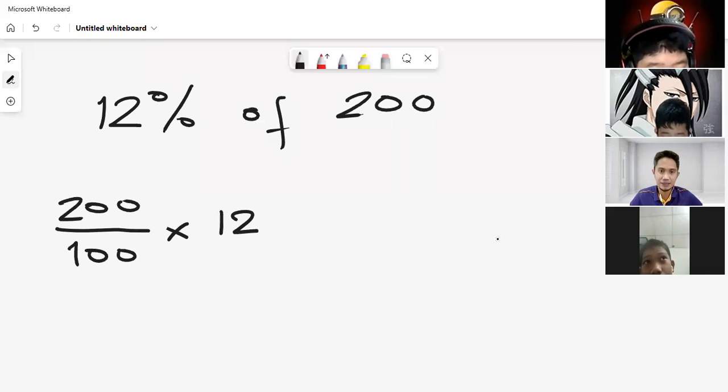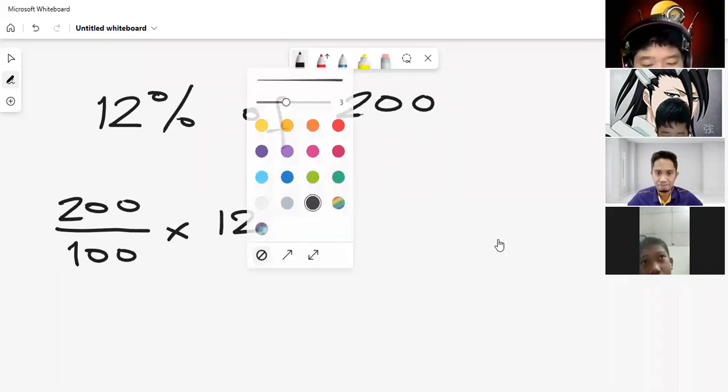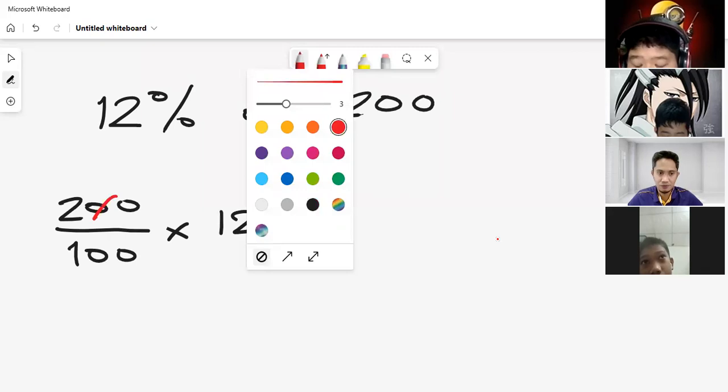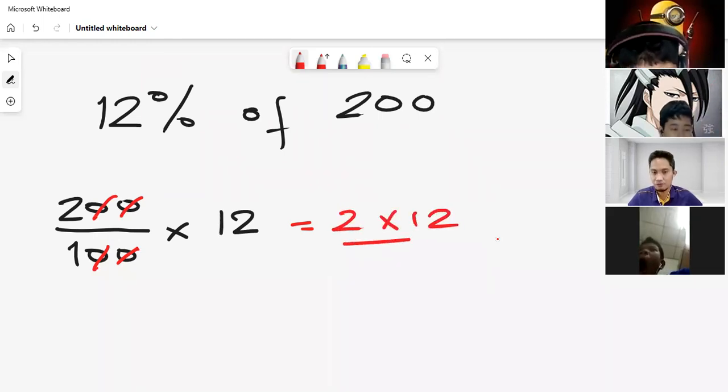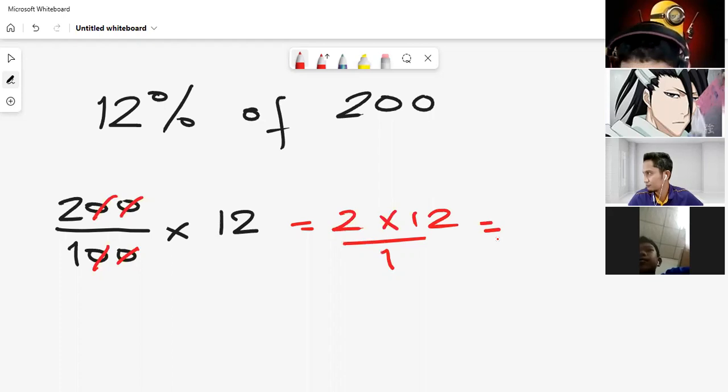Next, cut the 2 zeros in the numerator and denominator. It will become 2 times 12 over 1, is equal to 24. Perfect. Everybody is correct.